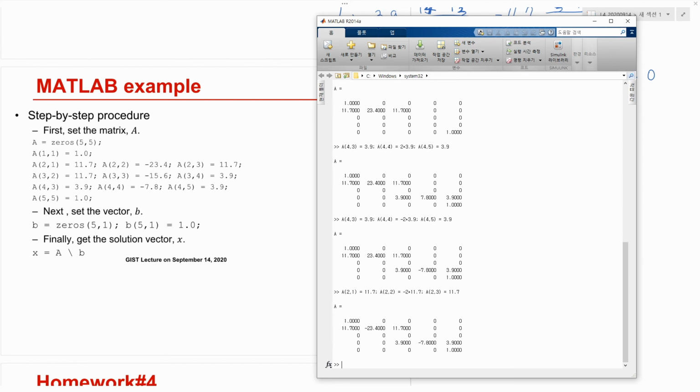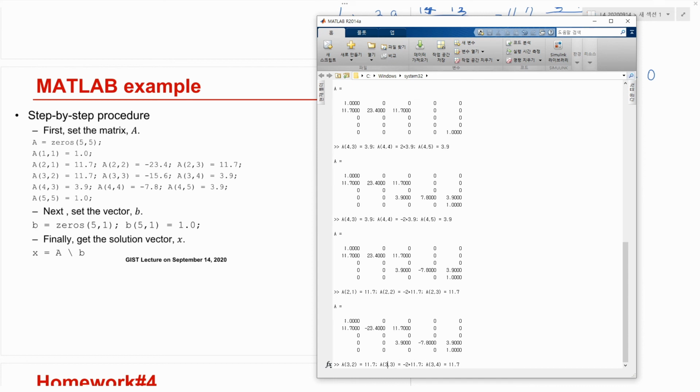And let's go to the most important line. 3,2 and 3,3 and 3,4.